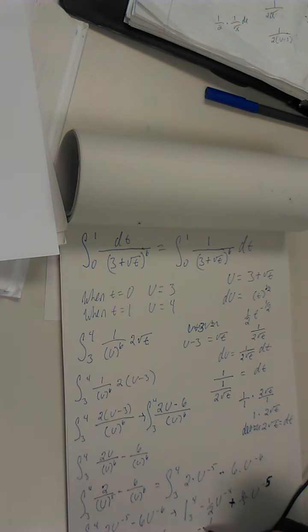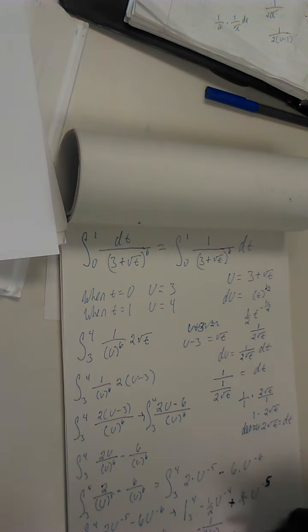So negative 1 all over 2 times 4 to the 4th plus 6 all over 5 times 4 to the 5th, minus negative 1 over 2 times 3 to the 4th plus 6 over 5 times 3 to the 5th.